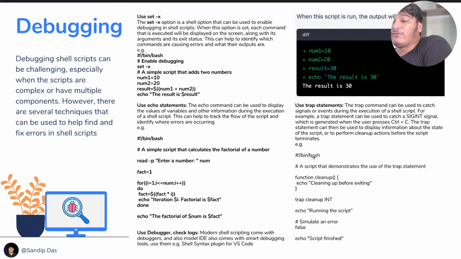So anyway, if you use set -x, for example, and then you do num1 is equal to 10, num2 is equal to 20, res is equal to num1 plus num2, all that. See all this, in the console you will see num1 is equal to, all the things you did, every command is executed line by line and it will show in this particular console.